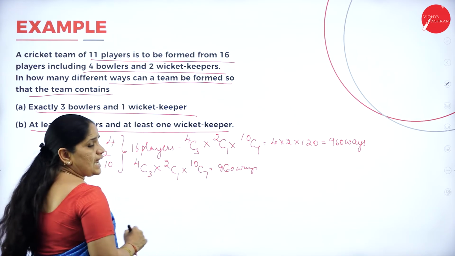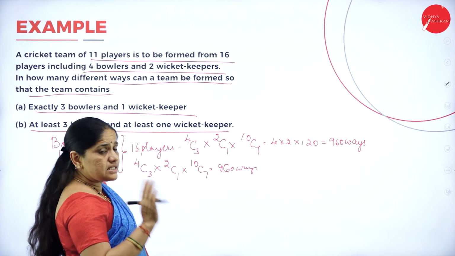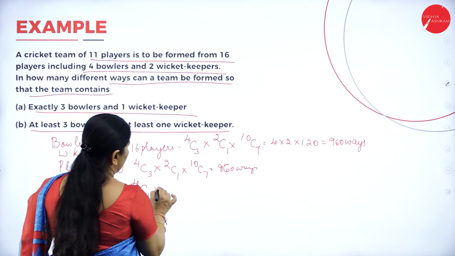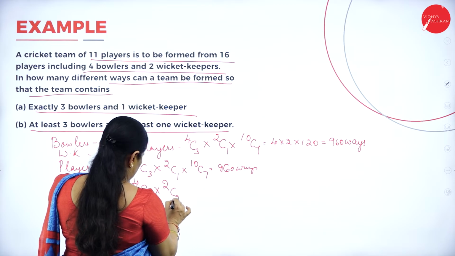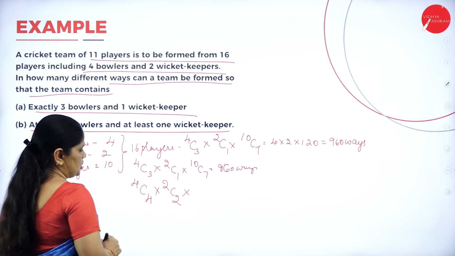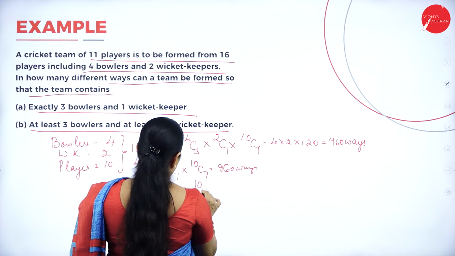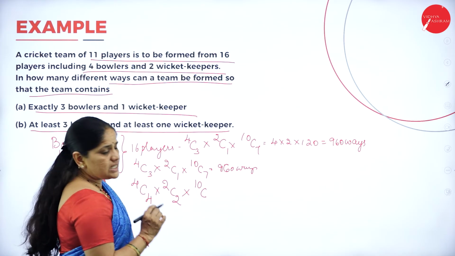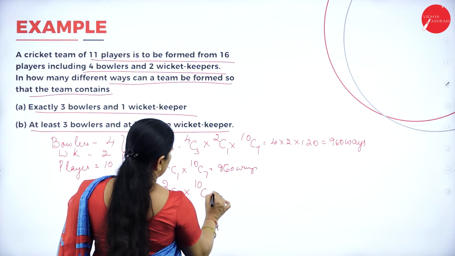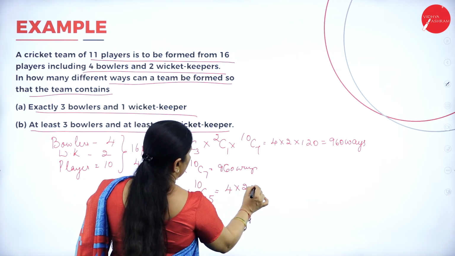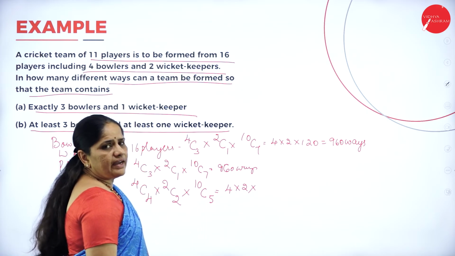Now, suppose I take all the 4 bowlers. So, what will be the answer? 4C4. I will take both the wicket keepers, 2C2. Then, what will be the remaining? 10. Out of 10, I have to select 5. 10C5.